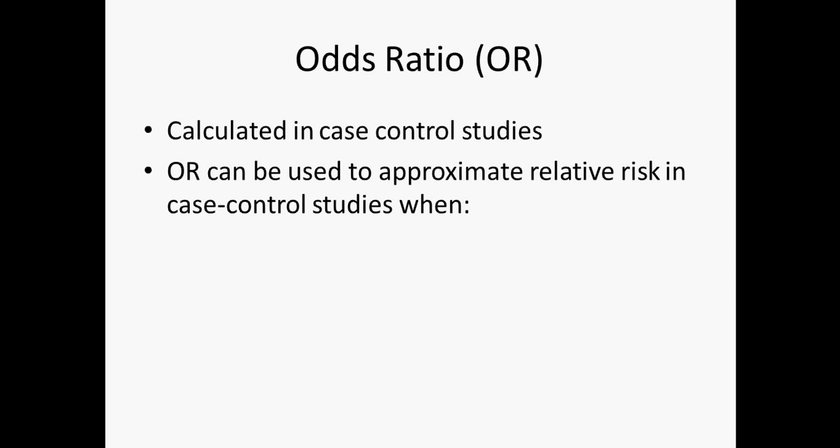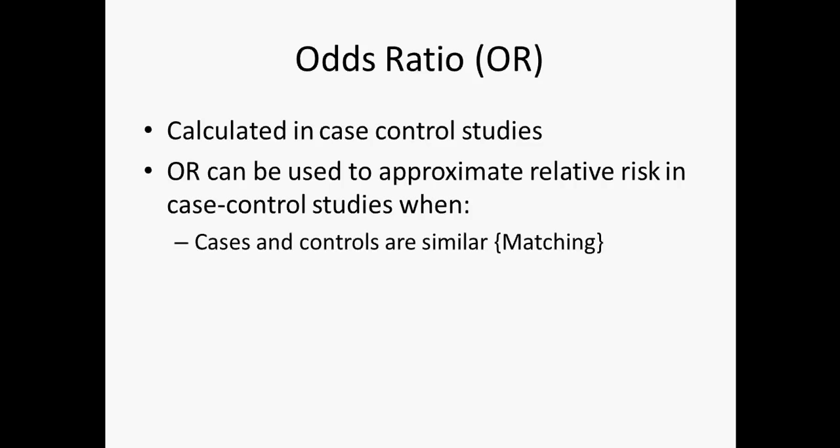Now we need to remember one more thing, that the value of odds ratio we can use to approximate relative risk in case control studies. So we can be very close to the estimation of relative risk if we do a case control study when two criteria are satisfied. First one is if we perform what we call matching, wherein we try to make the cases and controls as similar as possible other than the disease status.